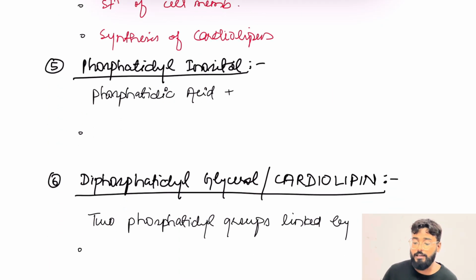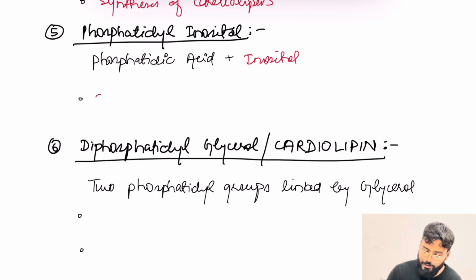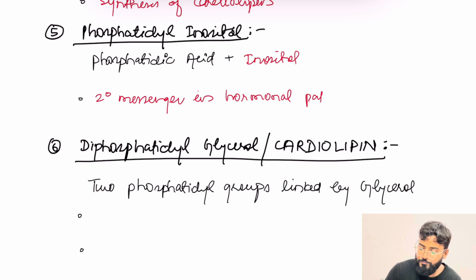Next one is your phosphatidylinositol. In this, the head group is your inositol, and the function is that it is the secondary messenger in hormonal pathway. You have seen certain hormones that reach the target or reach the nucleus through the second messenger, and that is your phosphatidylinositol, sometimes abbreviated as IP3.